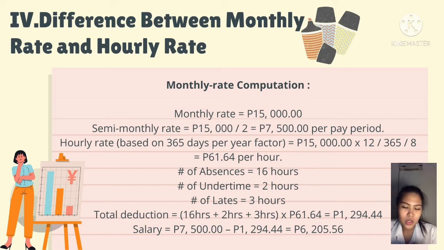What comes out is 1,294.44. So, your salary of 7,500 per pay period is reduced by 1,294.44. So, what you get is 6,205.56, and that is your monthly rate.